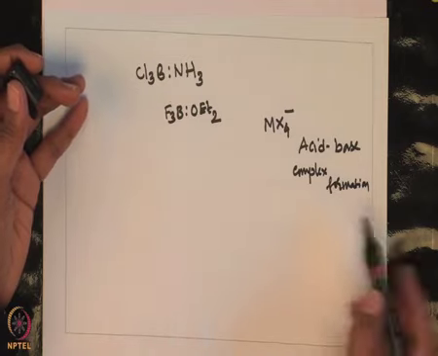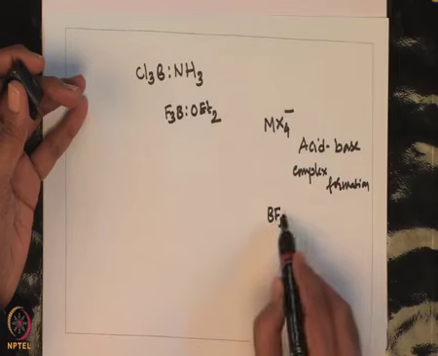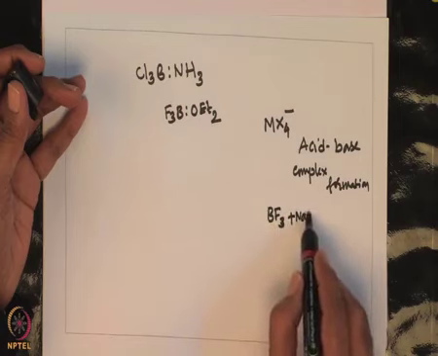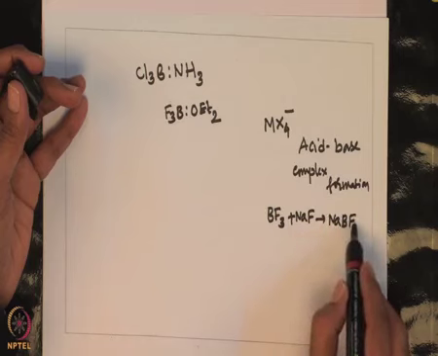For example, if you take BF3 plus NaF, it forms NaBF4.